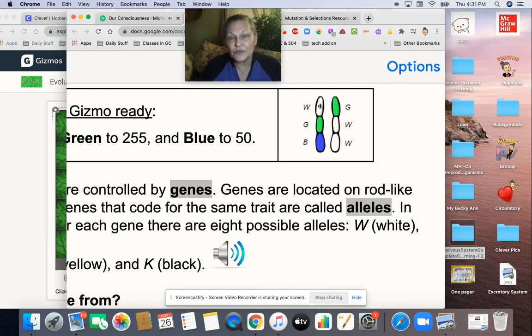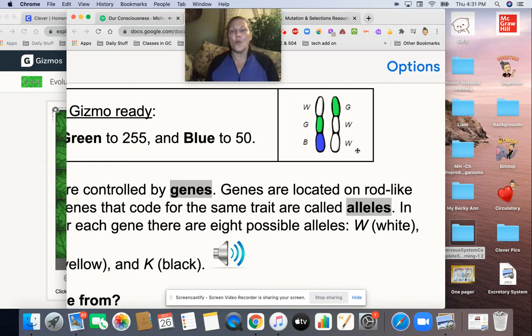So you'll see that each one of these has 3 genes on it. And yes, in human beings, there are a lot more than 3 genes on a chromosome, hundreds and tens of thousands. And there are different alleles, okay? So this organism on this gene is WGB. This organism on this gene is GWW, okay?